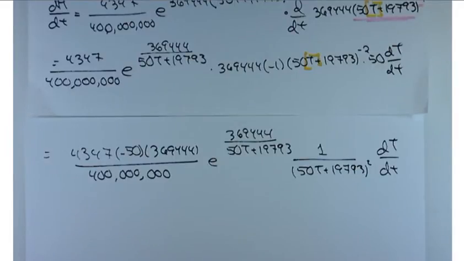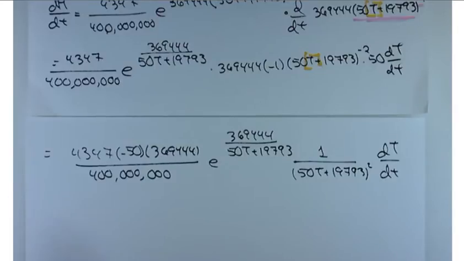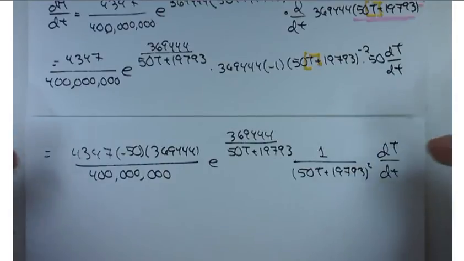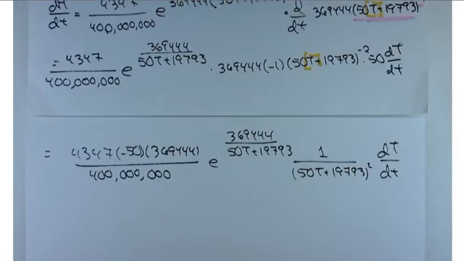So a fair amount of work here to find the expression for dH by dt. The expression for dH by dt is not a lot different than the expression that we started out with for just h of t. And we're going to take advantage of that as far as finishing off this problem.